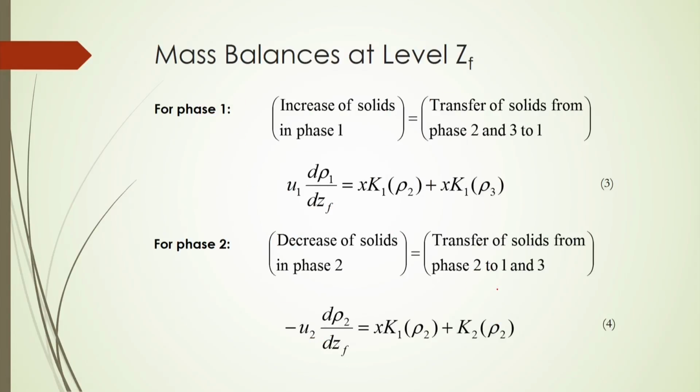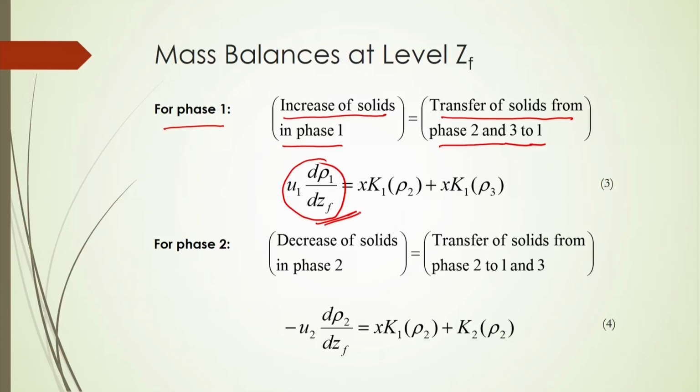Now, if we do the mass balance at level ZF, then for phase 1 you will see the increase of solids in phase 1 will be the transfer of solids from phase 2 to 1 and 3 to 1. So, you can represent this equation by this.